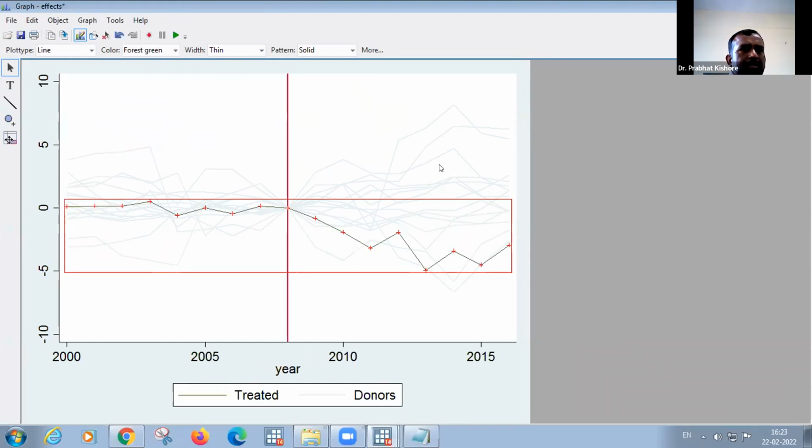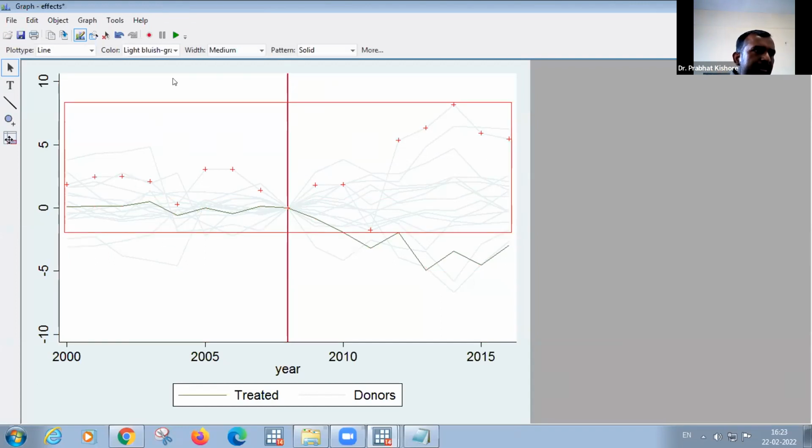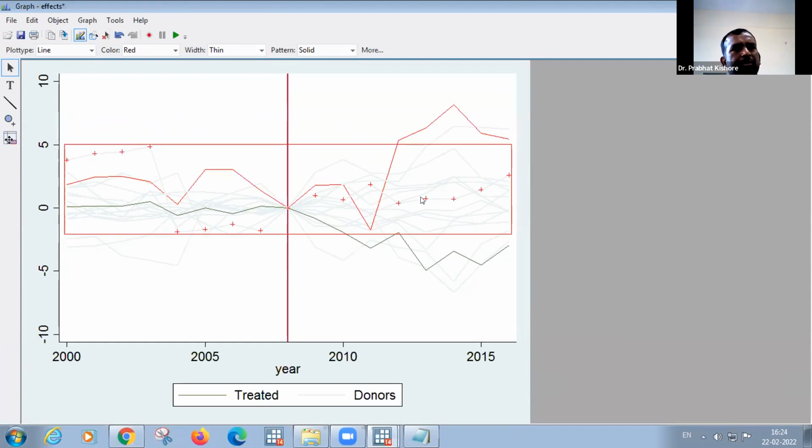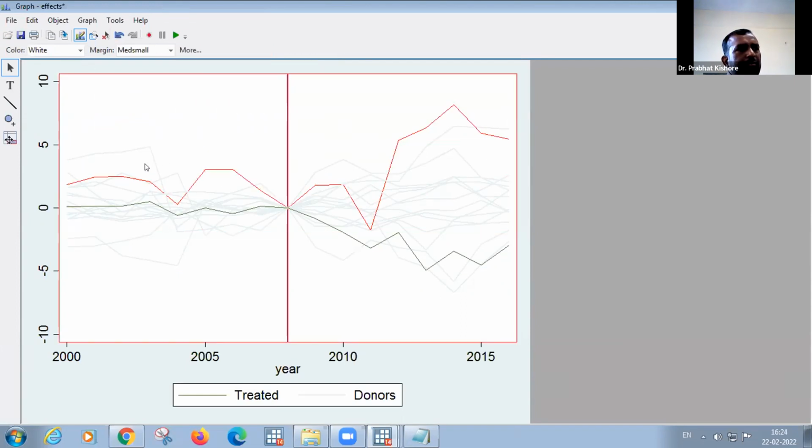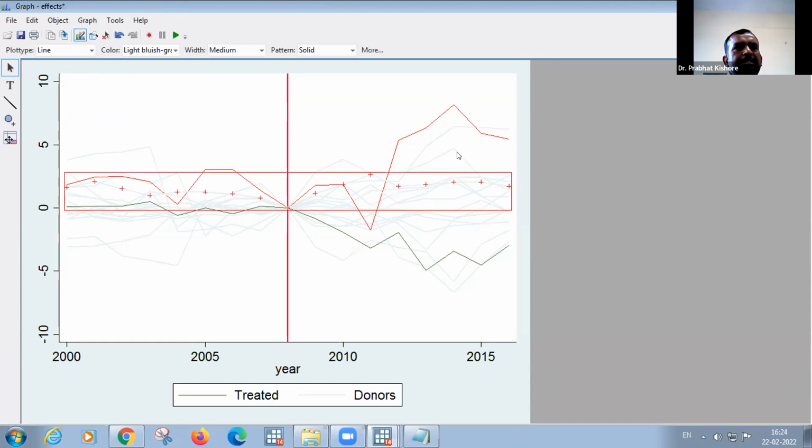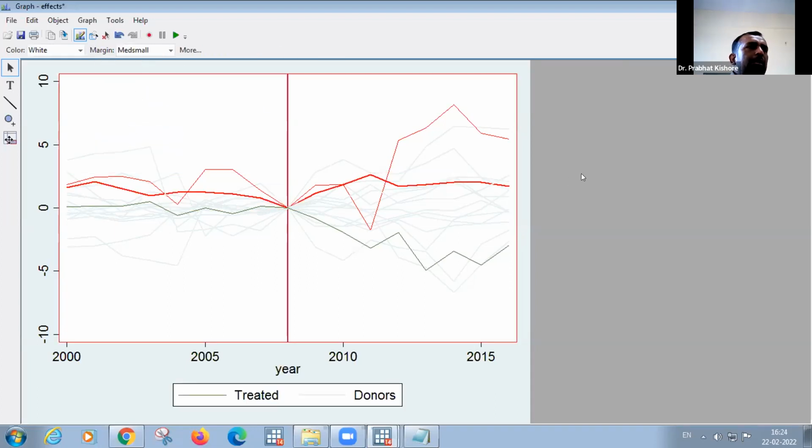It may not be visible to you, but for each state there is one line. What I can say is that it has done a placebo for every state which we included in our model.